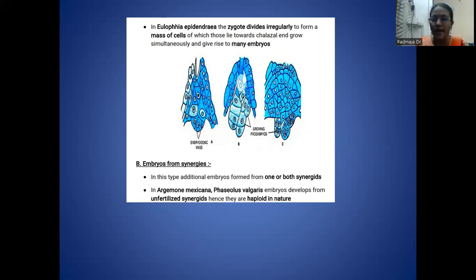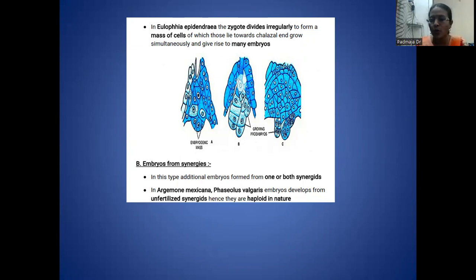And this is the diagram showing cleavage polyembryony. Next, embryos from synergids. In this type, additional embryos arise from one or more synergids. In Argemone mexicana, a medicinal plant, and Phaseolus vulgaris, embryos develop from unfertilized synergids, since they are haploid in nature.